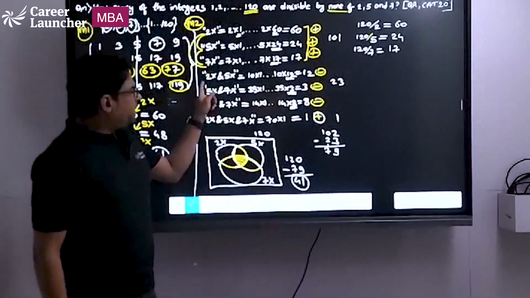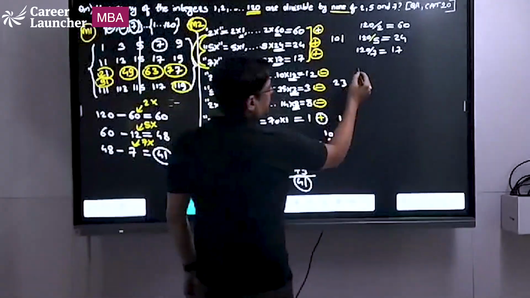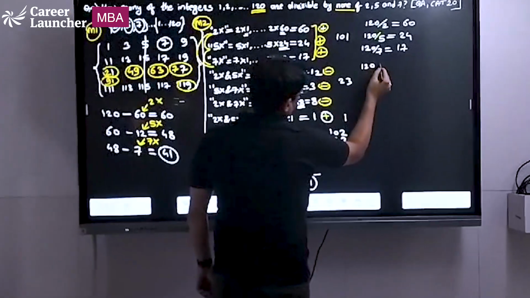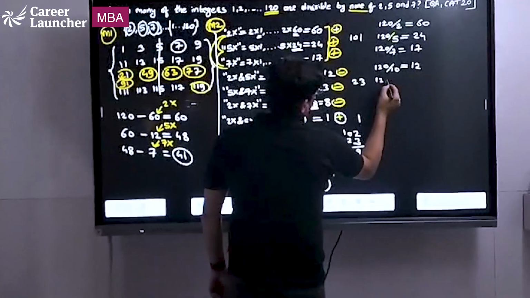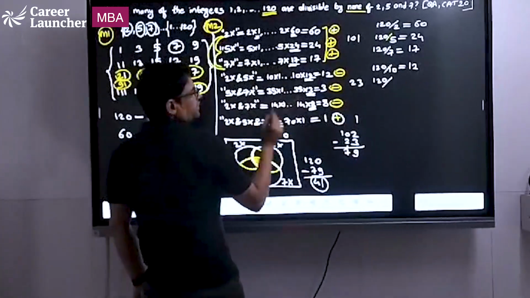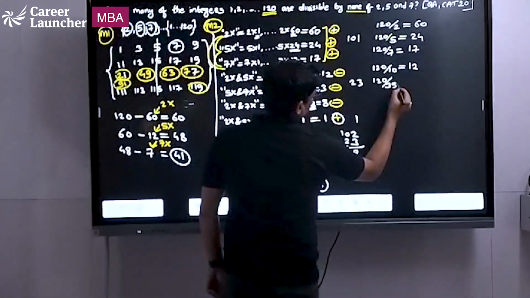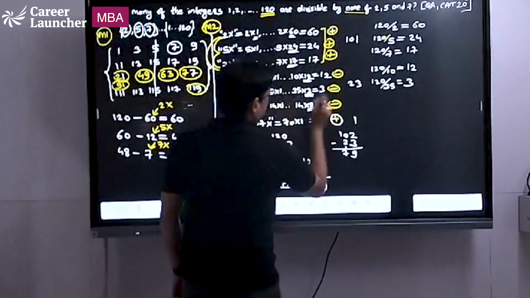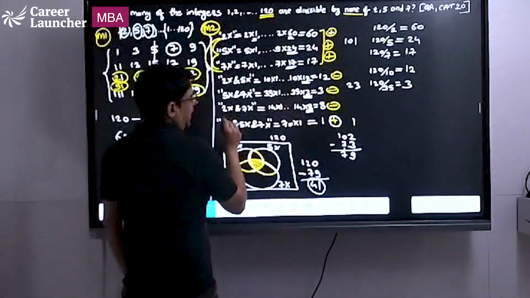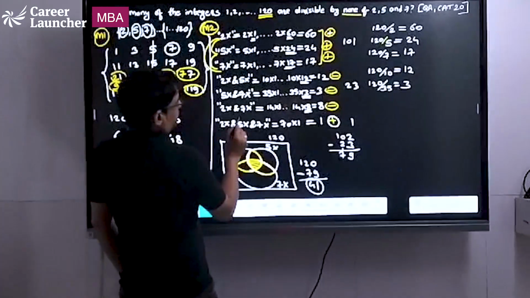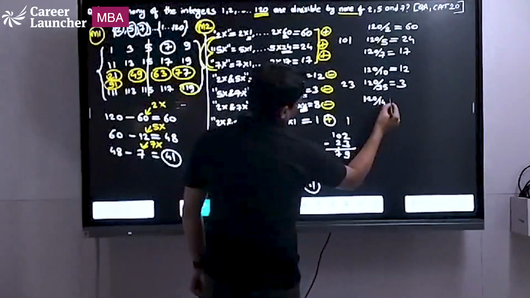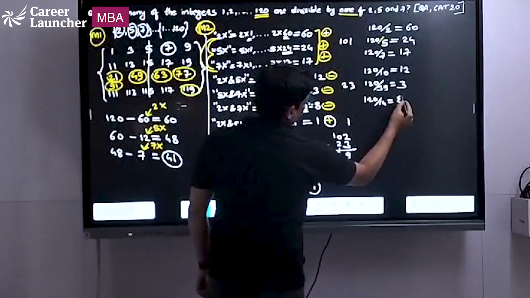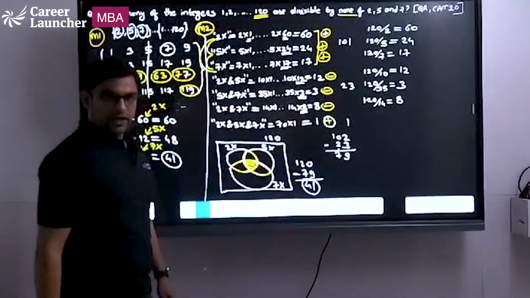Then straight away, multiples of 2 and 5, that is 10. So out of 120 numbers, every 10th number would be a multiple of 10. So I will divide by 10. Again, multiples of 5 and 7 is 35. 35 into 2, 35 into 3, here directly I can say 3. And multiples of 2 and 7, that is 14. 120 divided by 14, the integral part would be 8.